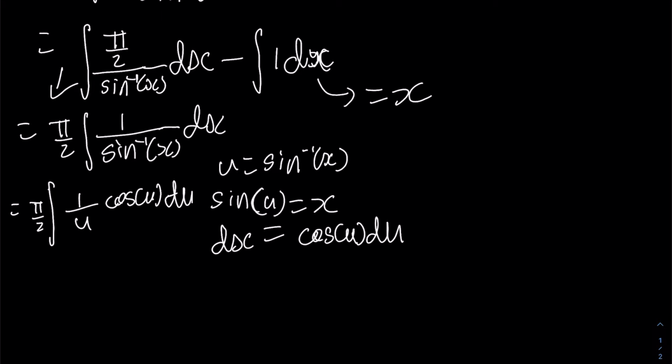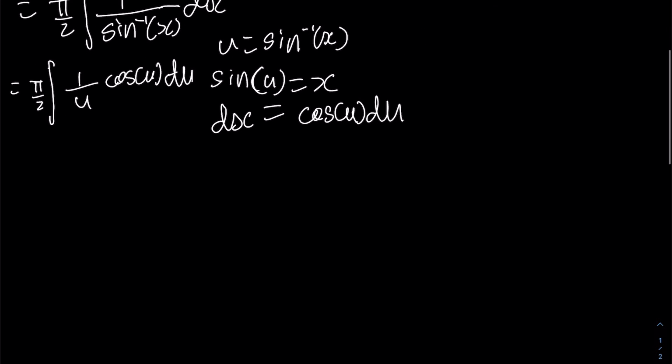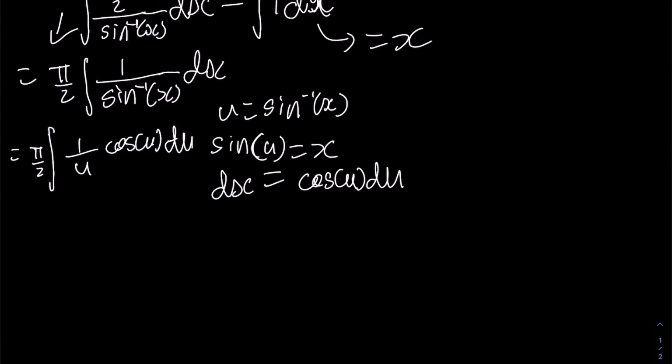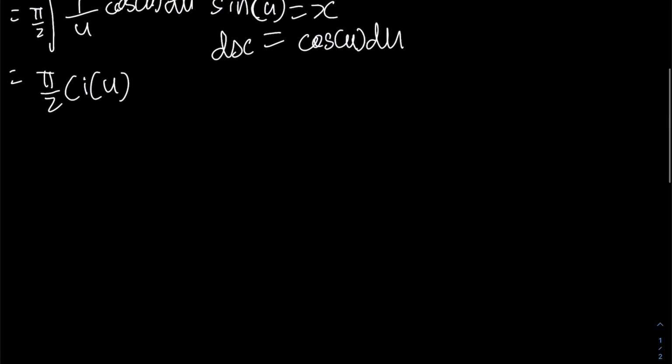This is a special function that is, of course, non-elementary, which is why we had to create special notation for it. So what we actually have here is pi over 2 times the Ci of u, because remember, u is our input right now. And what is u? Well, u is the inverse sine of x.